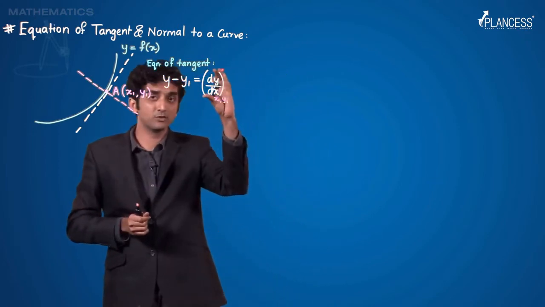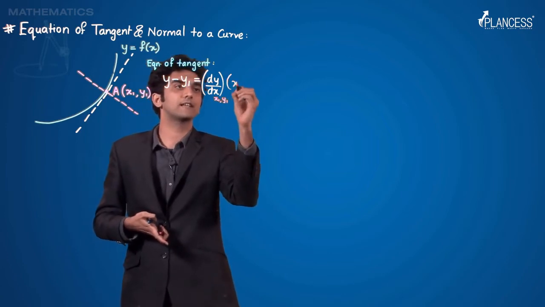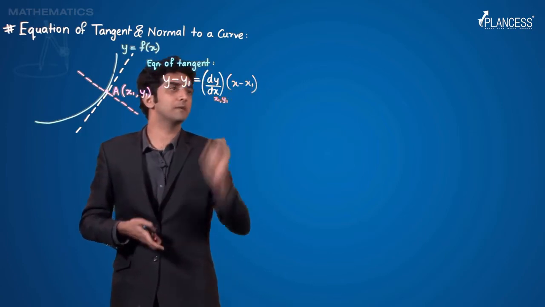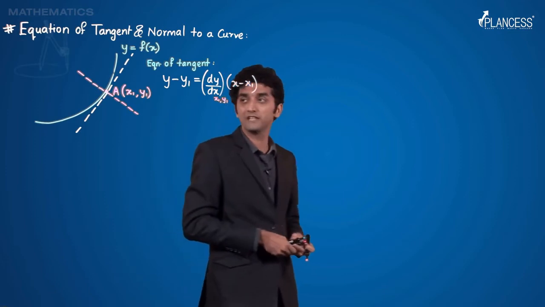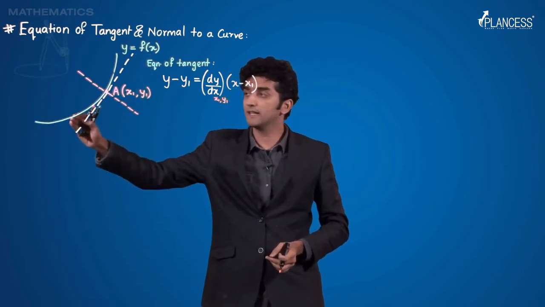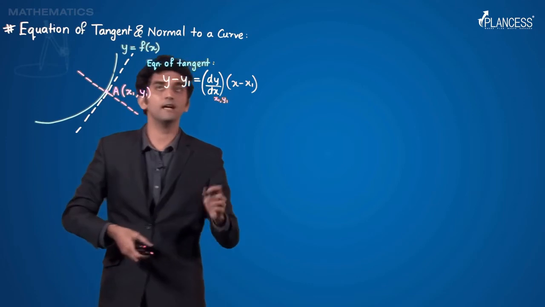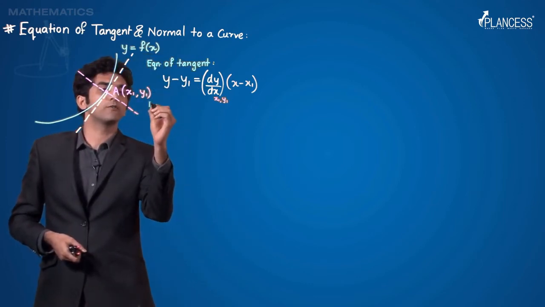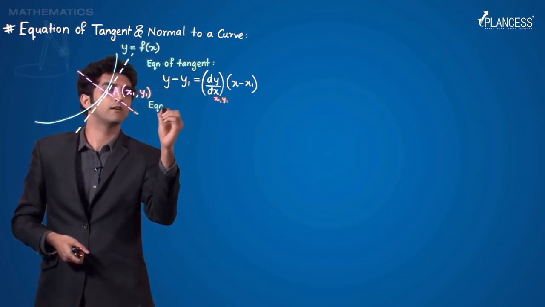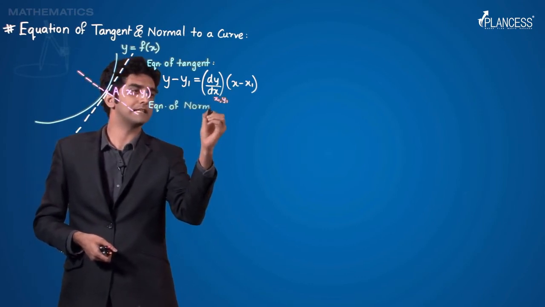So this takes the place of m, and after that, as we discussed, we have x minus x1. So this becomes the equation of the tangent, this particular tangent that we are looking for, to the curve y equal to f of x at the point A, which has the coordinates x1 comma y1. And after that, finding the equation of normal becomes really very easy.